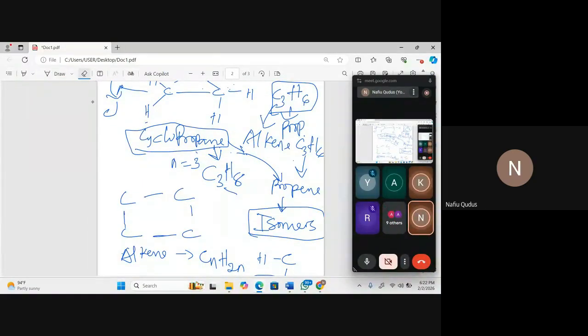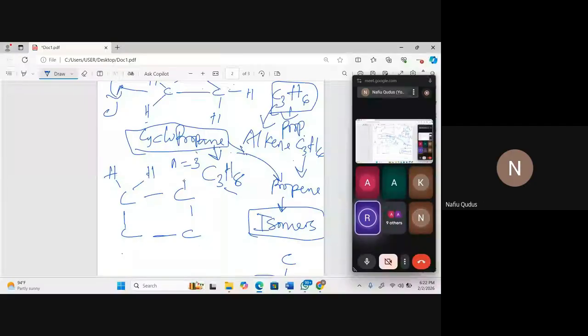So in this case, if you want to write it, this carbon is surrounded by how many bonds? 2. So we have two remaining hydrogen. This one also remains two hydrogen. These two hydrogen. Right?